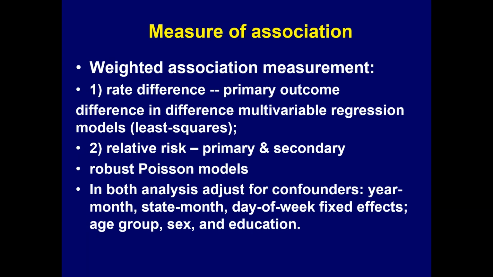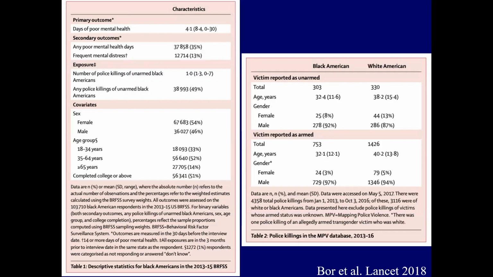Just a brief explanation of why they need to adjust for year-month and day-of-week fixed effects: by hypothesis, there could be national secular trends in the outcome, or state-specific seasonality in mental health, or day-of-week seasonality in the mental health of the people under study. So it's important to adjust for these factors.